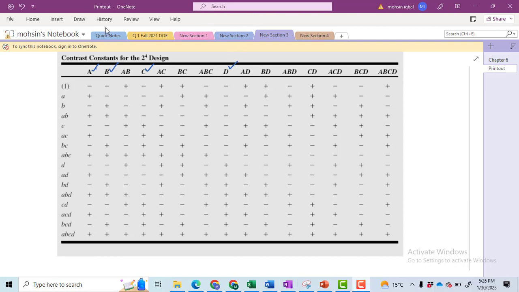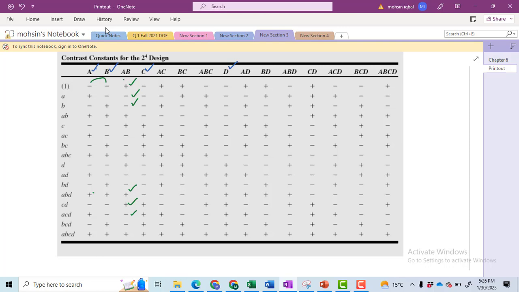In order to calculate AB, you will have to multiply the signs of A and B. So minus minus is plus, then plus minus is minus, minus plus is minus. In this way you can see here that plus plus equals plus, minus minus again plus, plus minus minus. So in this way these two columns A and B will make the signs for the column AB, and you will use these signs in order to make a contrast.